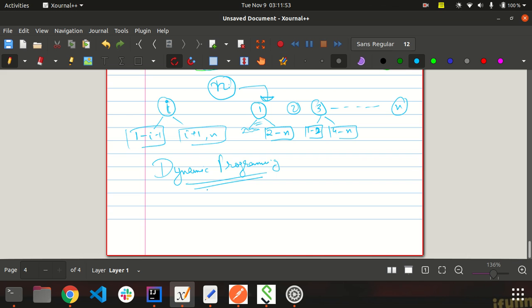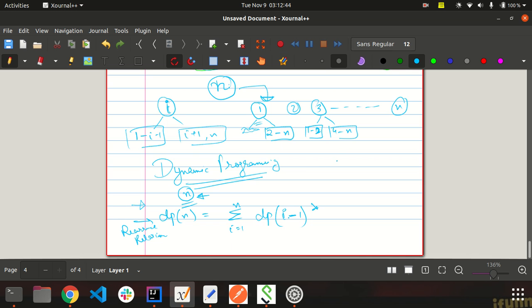Therefore, what we can do in this case, for example, when we have to find it for n nodes, is set up a recurrence relation where i goes from 1 to n, and we take dp of i minus 1 nodes, right?